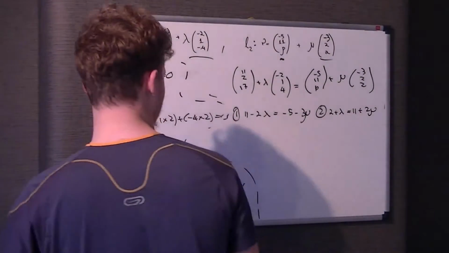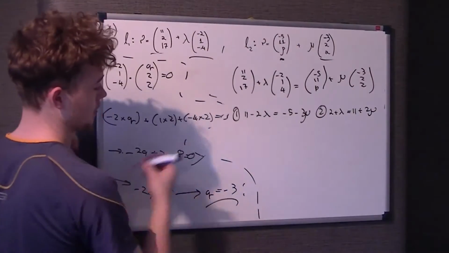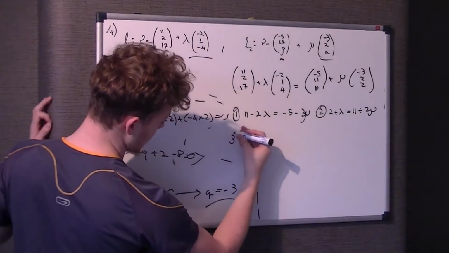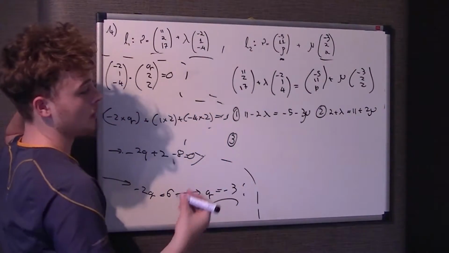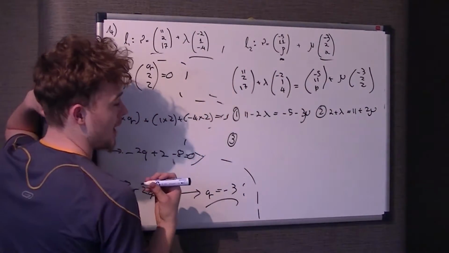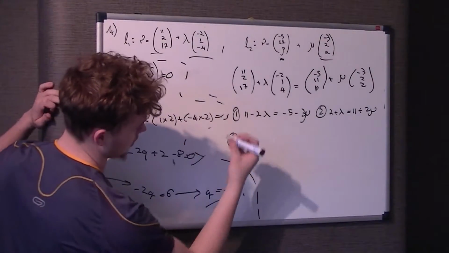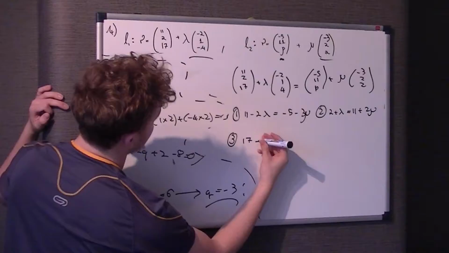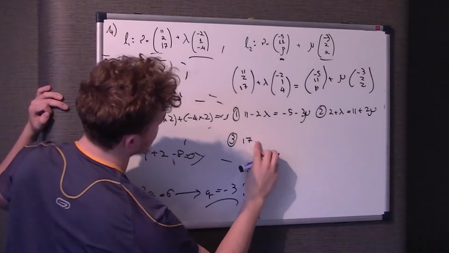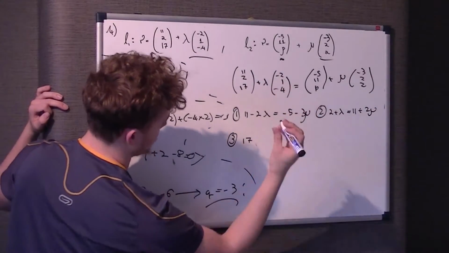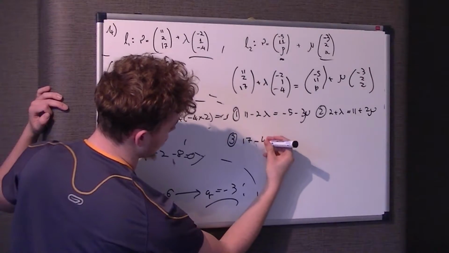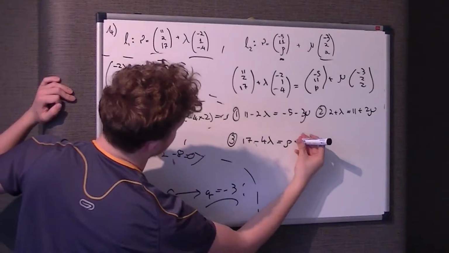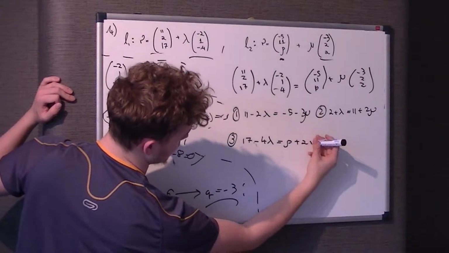Those are what we're going to be focusing on to rearrange, because in equation 3 we've now got 3 unknowns, and it's going to be quite tricky to rearrange. So when we compare the k components, the z's, it's 17 take 4 lots of lambda is equal to p plus 2 lots of mu.